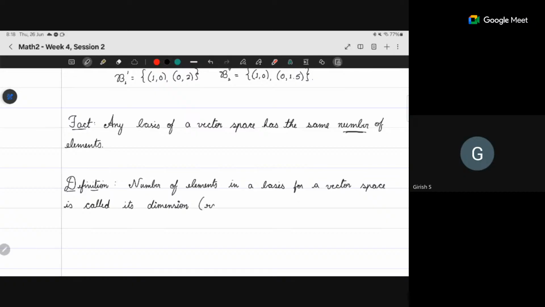There is this other nomenclature of rank, but I avoid it because rank is also used in the context of matrices, and those things are related, but let's stick to dimension for now.